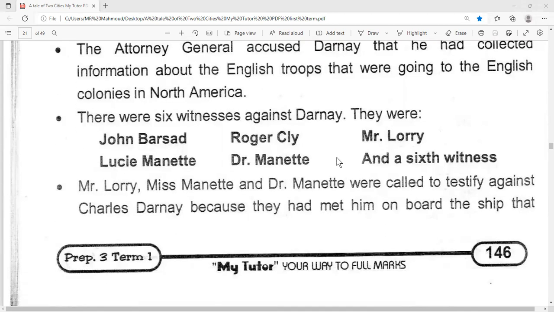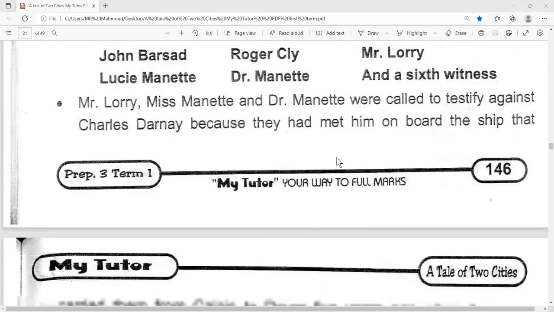There were 6 witnesses against Darnley. They were: first one, John Parsard, Roger Clive, Mr. Lorry, Lucy Manette, Dr. Manette, and a 6th witness.